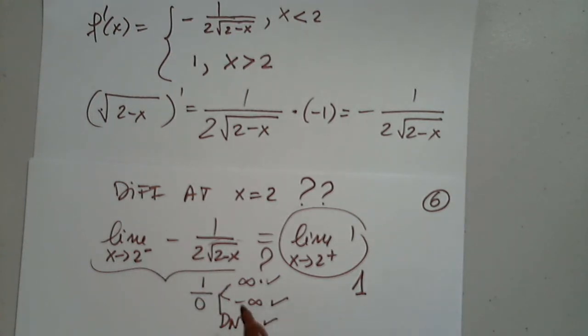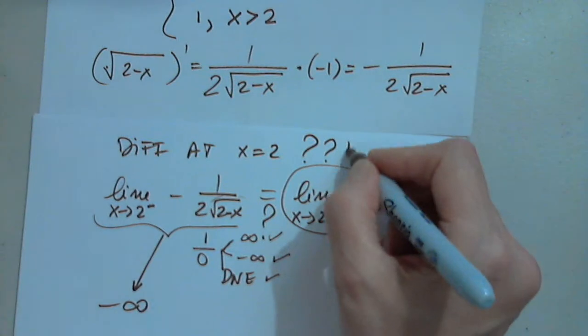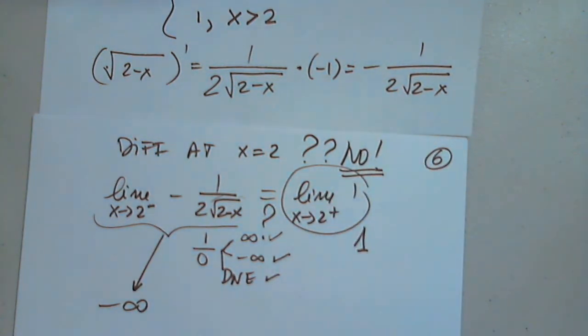It will be negative infinity. So this approaches negative infinity, and this is 1. So I will say no. So f of x is continuous on negative infinity to infinity, but not differentiable at x equals 2.